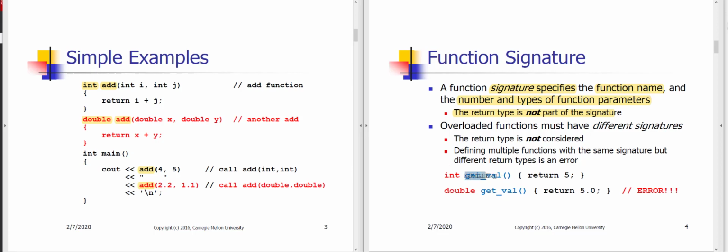Now here, on the bottom of slide 4, we have two function definitions that have the same signature. They each have the name getVal and an empty list of parameters. So this is an error, and the compiler will flag this as an error when it gets to the second definition of getVal, whose signature looks identical to the previous one.